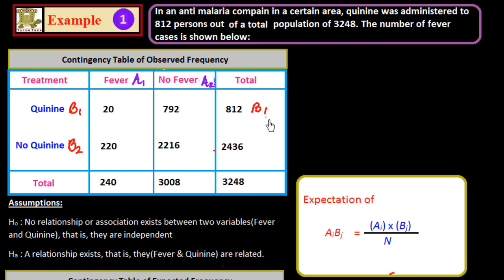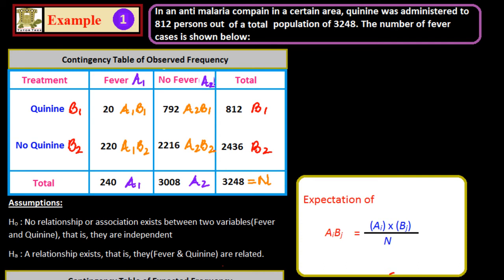B1 is this one, B2 is these two, and similarly we could write here A1 and A2. So this is the intersection of A1 B1. This is A2 B1. It is A1 B2. It is A2 B2. This is the contingency table of observed frequency, and this one is N, the population size.